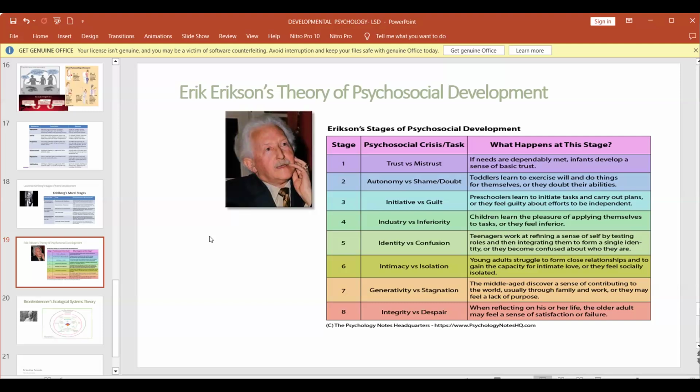And if these social needs are not fulfilled, right? If there is no fulfillment of these social needs at different ages, they lead to a conflict. And this conflict is stored in the unconscious mind. That is Erik Erikson, being a psychoanalyst.